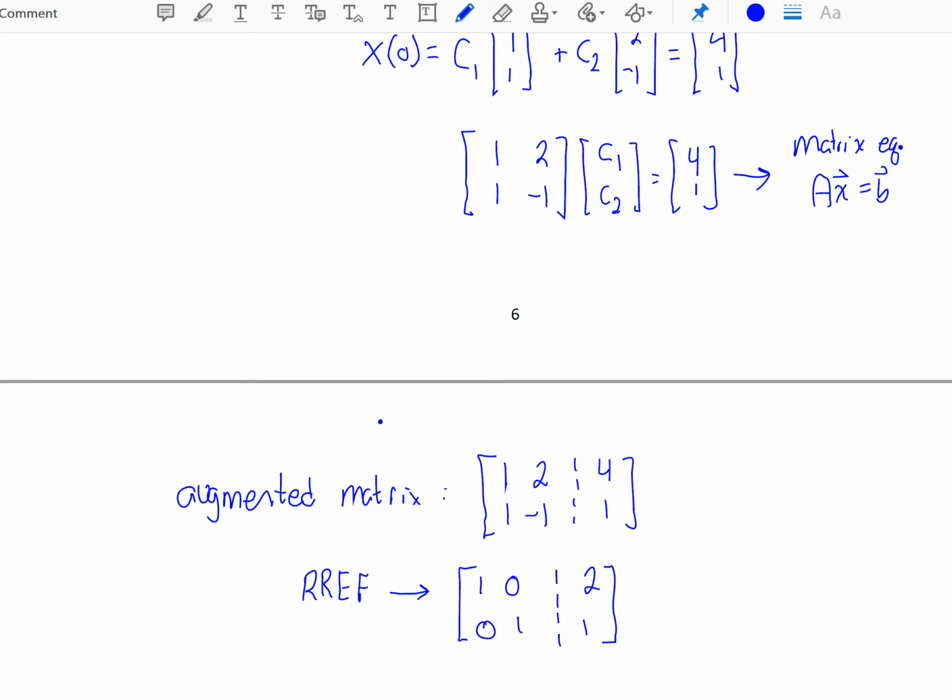Notice from our form that this tells us that c1 has to be 2 and c2 has to be 1.